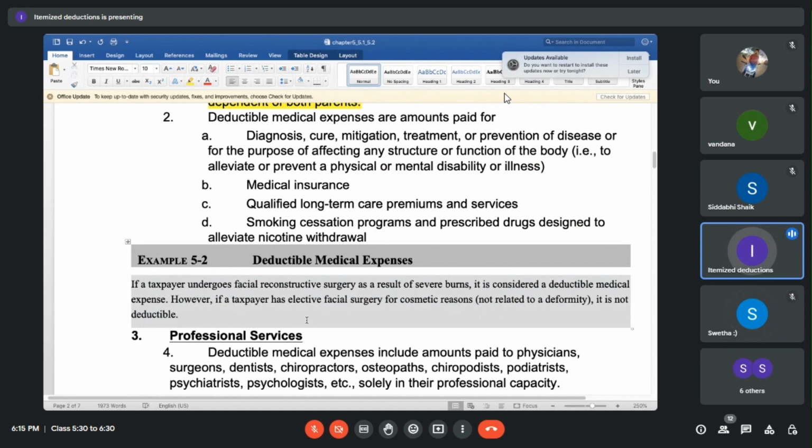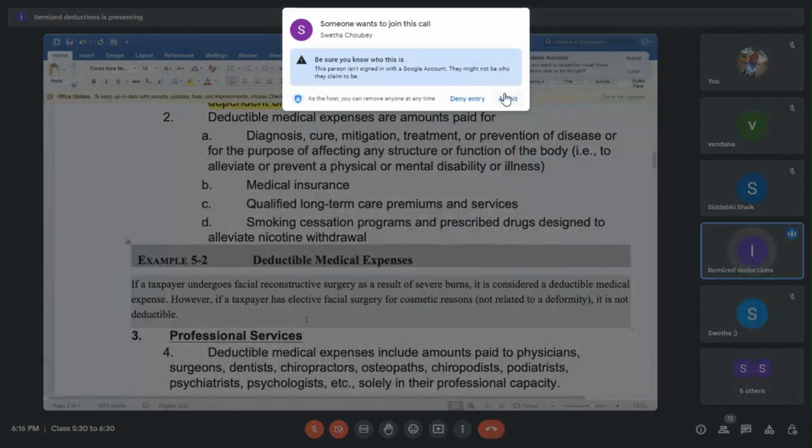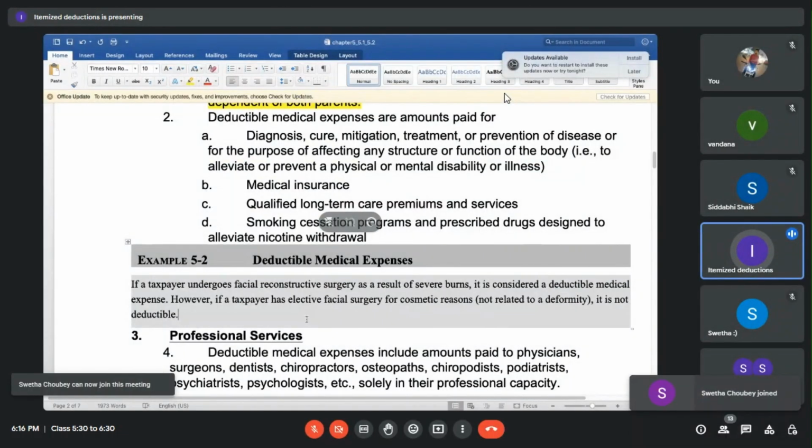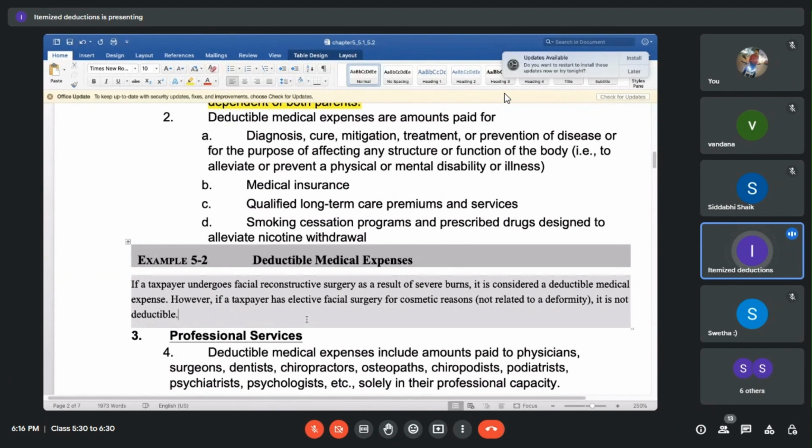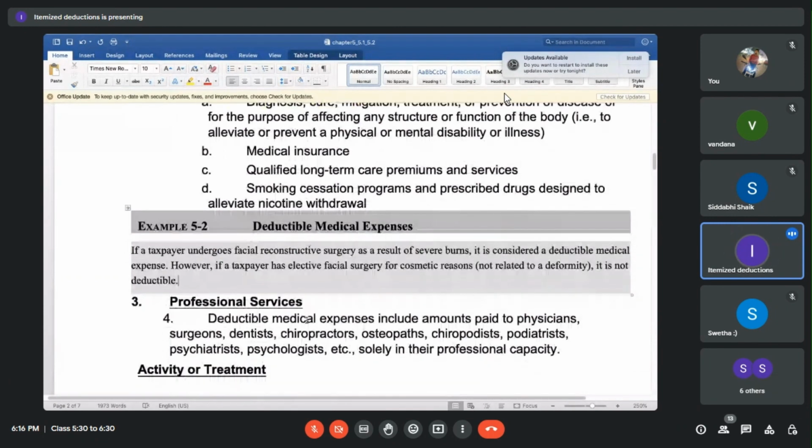A lot of these movie stars, Hollywood, Bollywood stars, go for all kinds of facial treatment and get their cheeks and nose and dental work fixed. Those are not considered because they are done purely for cosmetic reasons. But if someone gets into an accident and that surgery is required, then that becomes a genuine medical expense.